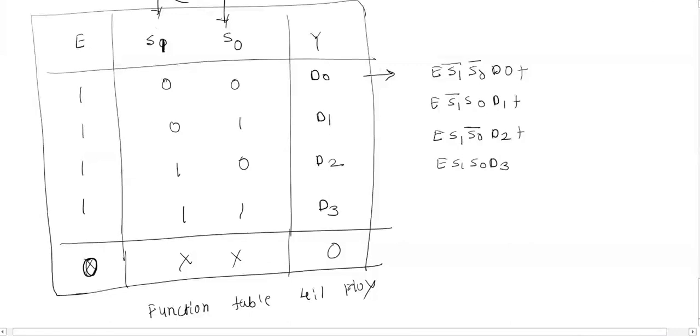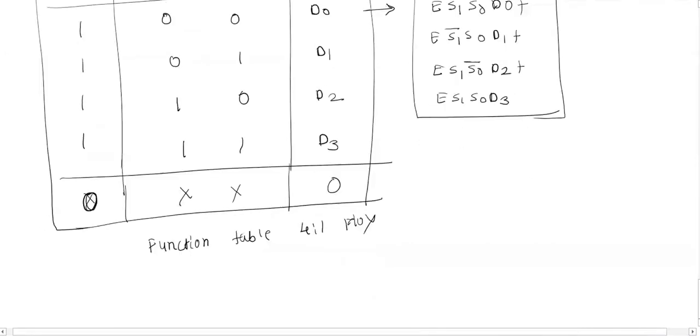Now these are the 4 terms which are representing the 4:1 multiplexer operation. Now by using this expression, we can draw the logic diagram for 4:1 multiplexer.